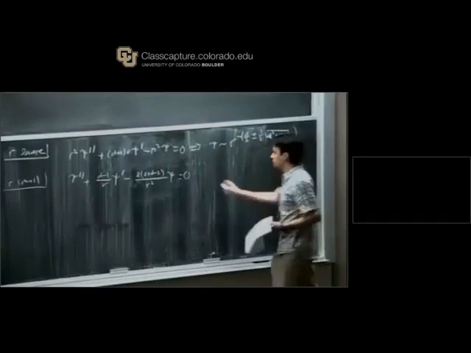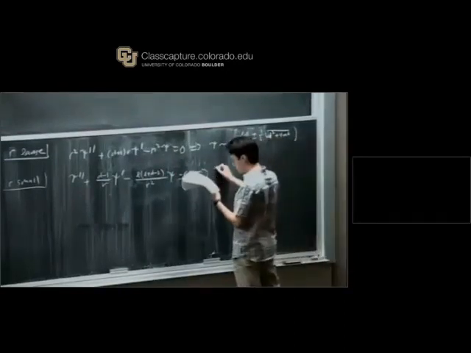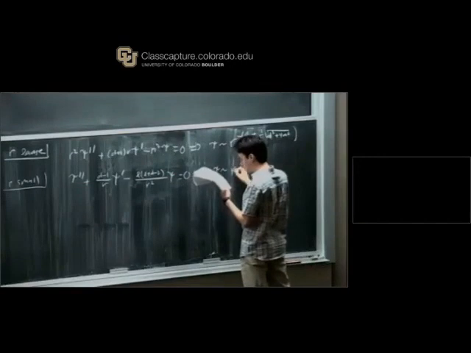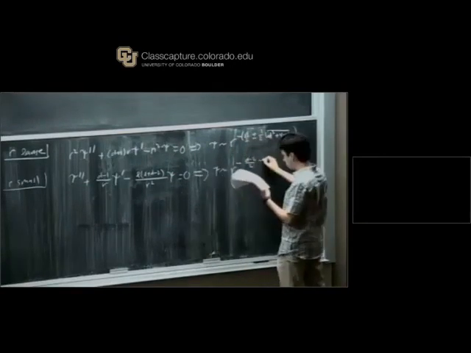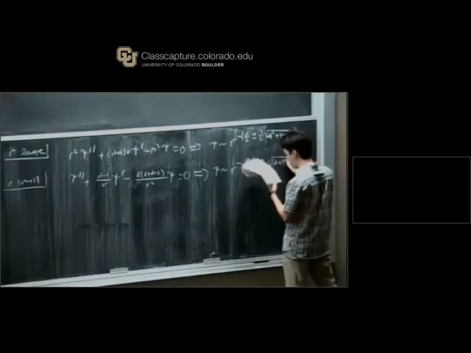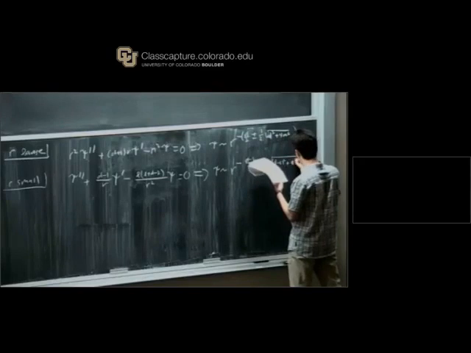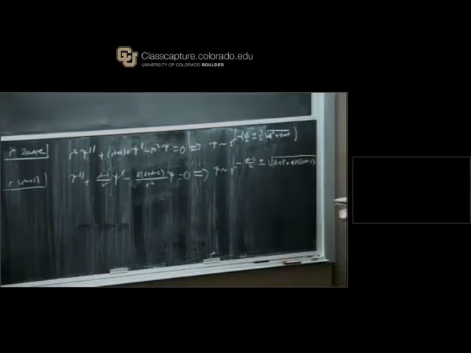And woohoo, this again has a power solution, which is that psi should go like r to the minus (d minus 2)/2 plus or minus square root of (d minus 2) squared plus 4l(l plus d minus 2). Okay.